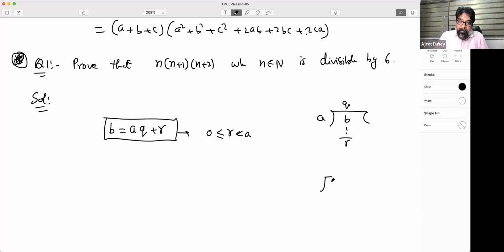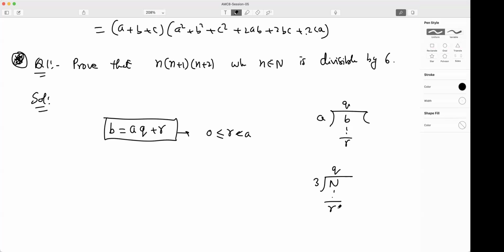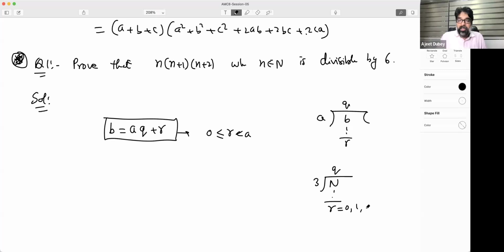If I say any number I'm dividing by 3, some quotient will come. What the quotient is, I don't bother. But what are the possible remainders? 0, 1, 2, because r will always lie between 0 and a, less than a, and a means 3. So this is the only possibility.